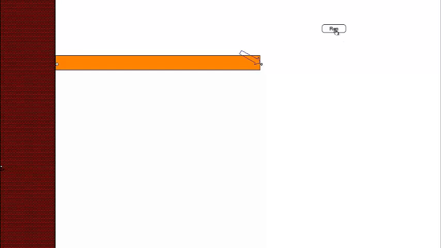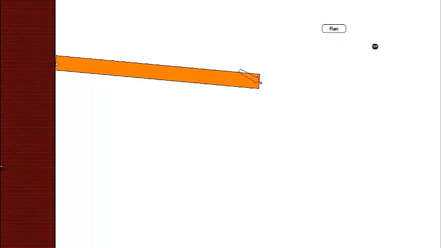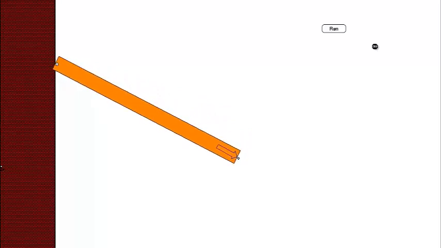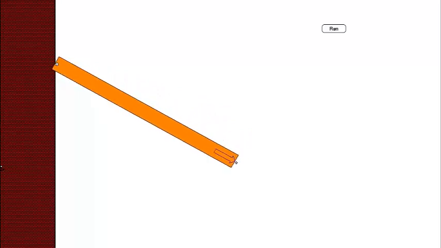Let's watch what happens. When we run it, we see the beam starts with a rotational motion, as we would predict, in a clockwise direction, but eventually its motion stops. And it stops once the beam's angle is exactly the same as the angle of the force itself, because now the force is actually parallel to the beam, and it's not exerting any component that's perpendicular to the beam itself to create rotation.